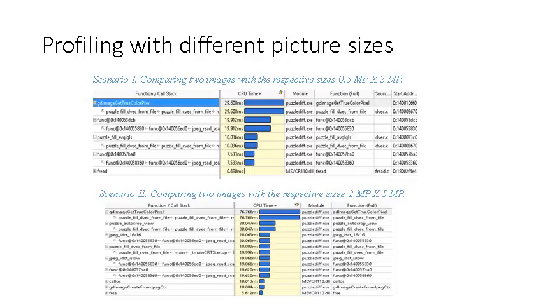Here, as you can see, we have different profiling scenarios done with different picture sizes. The first scenario is with 0.5 megapixel to 2 megapixel, where we can see the different functions that consume most of the time, called hotspots.